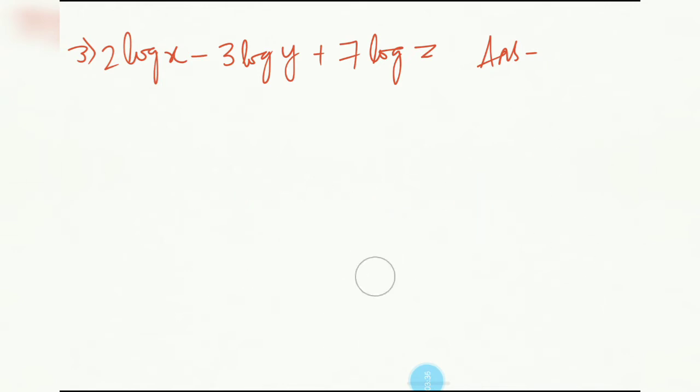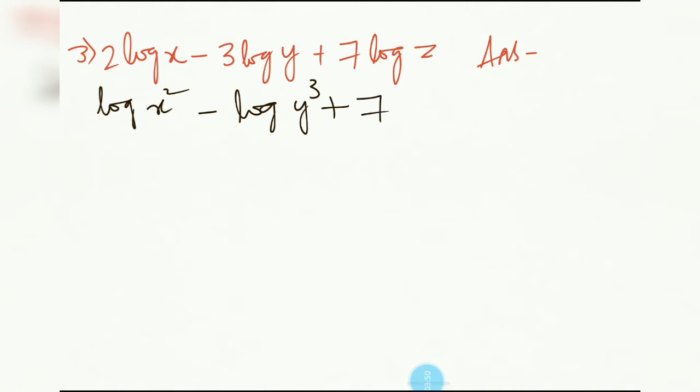So I'm going to do the same thing: log x square, because this power is for x, understood? Similarly, minus log y cube plus log z power 7. I hope until here it is very clear to you all.